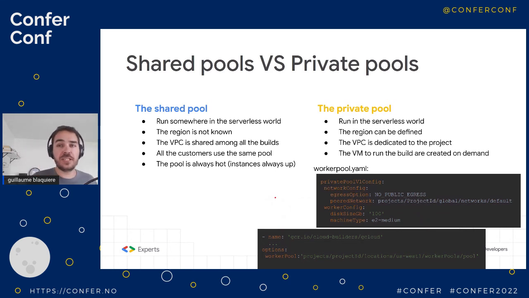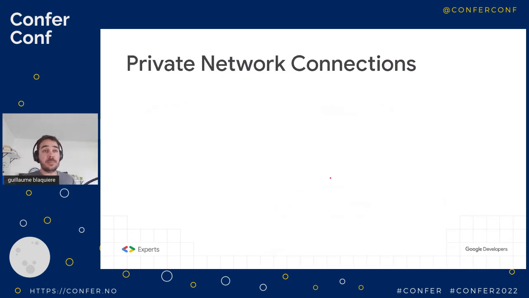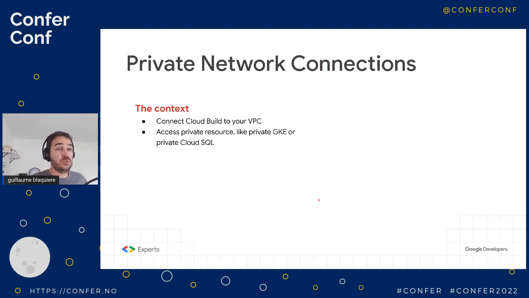And why I'm talking about that? Because you want to perform some private connection between Cloud Build and your project. Why? There's at least 2 or 3 reasons for that. You want to access to something private, like a private Cloud SQL without a public IP, and so the Cloud SQL is only reachable from your VPC.